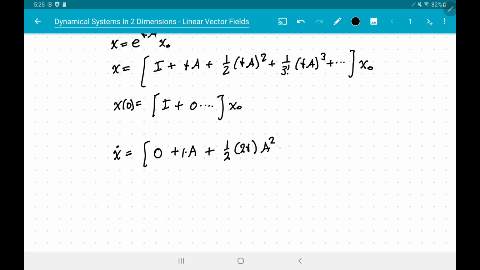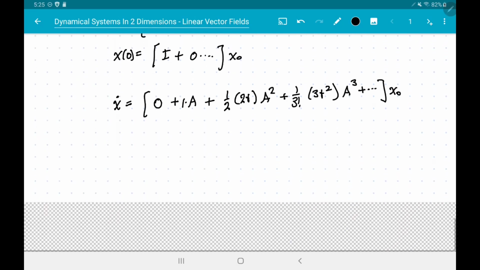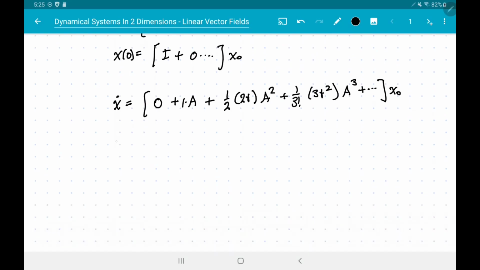And then we keep the a squared plus 1 over 3 factorial. Now we'll get 3t squared for the derivative of the t cubed times a cubed, and so on. And when you simplify this, you'll get a plus, well, you lose 1 off the factorial in each term.